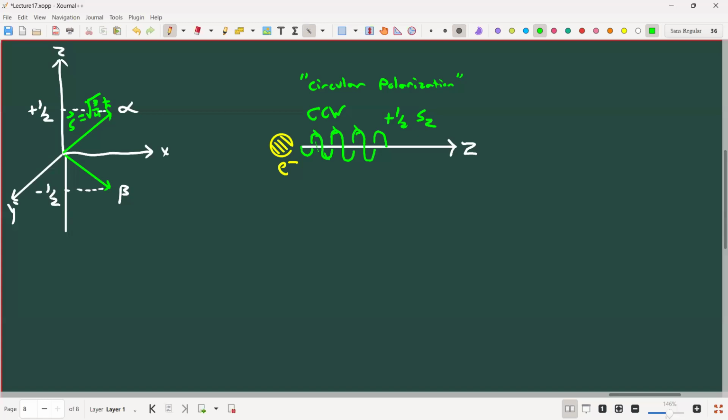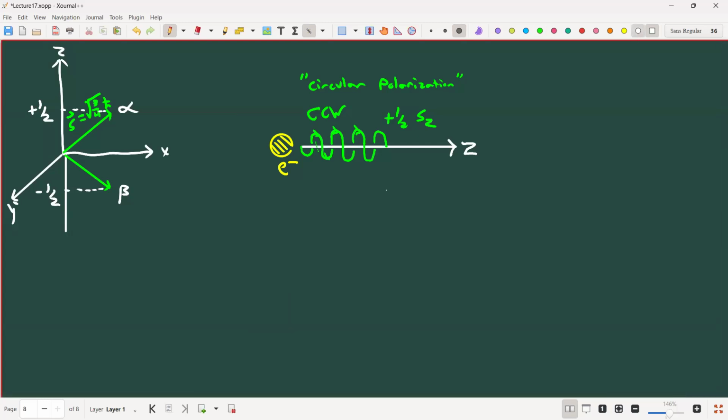A circular polarized photon is one where that complex wave is oscillating around the propagation direction, like a helix around the propagation vector. And so a spin 1/2 electron in a magnetic field is propagating with counterclockwise helicity around the direction of propagation.